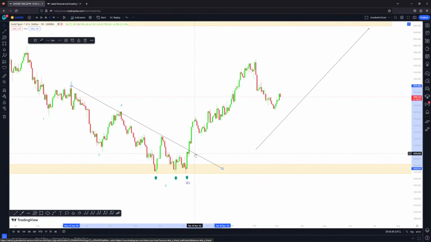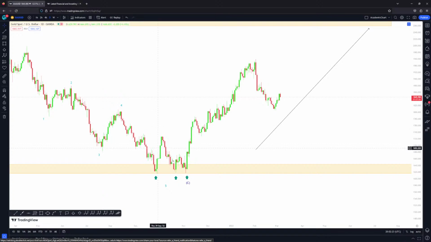It is not a five-wave structure, but regardless of whether this wave is an ABC or 1, 2, 3, 4, 5, the minor waves are going to be 5, 3, 5 or 5, 3, 5, 3, 5. Anyhow, what we want to know is the triple bottom and a reversal.